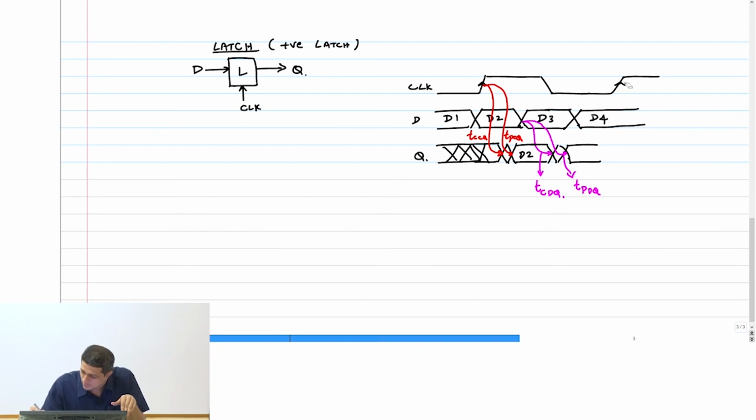So I will not put this arrow actually. I will put this arrow here because this is my sampling edge. Okay. So therefore, setup and hold time has to be defined with respect to the negative edge. This is T setup, T hold.